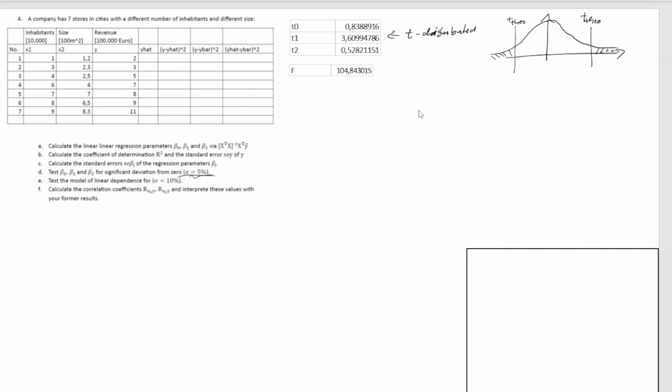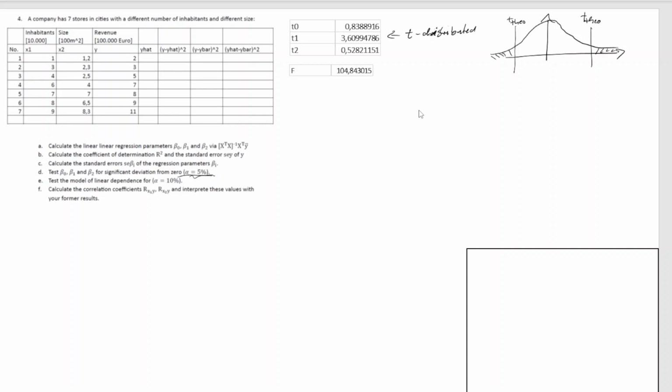Not 90 inside, 95 inside, because this is then the probability where, so significance level of 5% means we do not want to reject H0, that our betas are all 0, if we are within this interval here.